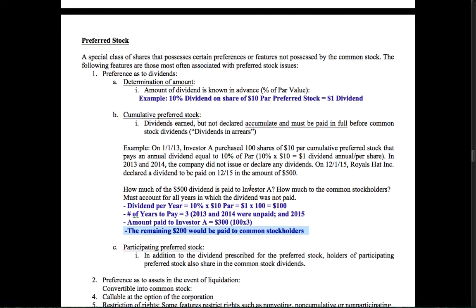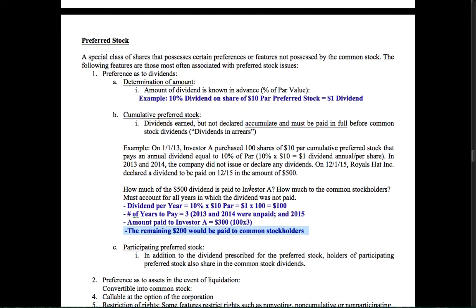The key thing to remember with cumulative preferred stock is that they are for dividends earned but not yet declared and paid. Therefore, if the company does not declare dividends in a given year, you begin to accumulate those dividends, and when they finally do declare and pay dividends, they must pay you in full before they pay the common stockholders.